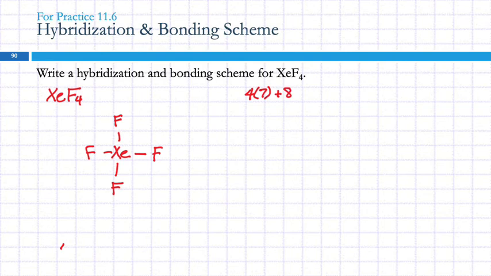So 4 times 7 is 28, plus 8 is 36. So we've got 2, 4, 6, 8, 10, 12, 14, 16, 18, 20, 22, 24, 26, 28, 30, 32. Where do the rest of the electrons go? On the central atom. Lone pair, lone pair. 34, 36. So there's our Lewis structure.